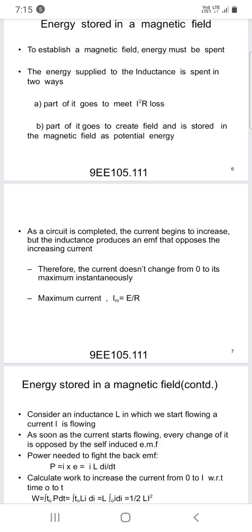As the circuit is completed, the current begins to increase, but the inductance produces an EMF that opposes the increasing current.